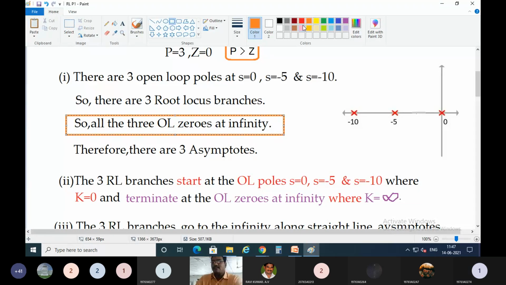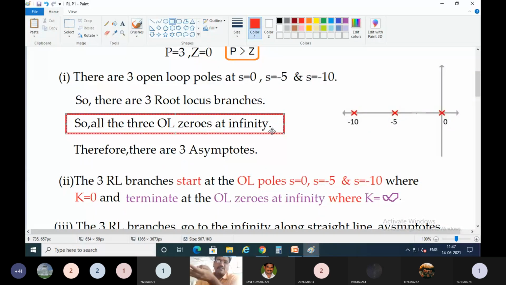I'm using a rectangle here for indication. There are no open loop zeros, so where should the root locus branches end? At infinity. Clear? So all the 3 root locus branches are going to be terminated at infinity. That's why all the 3 open loop zeros are at infinity.